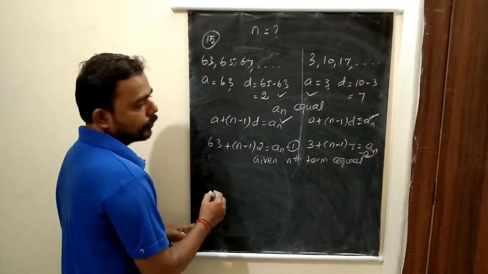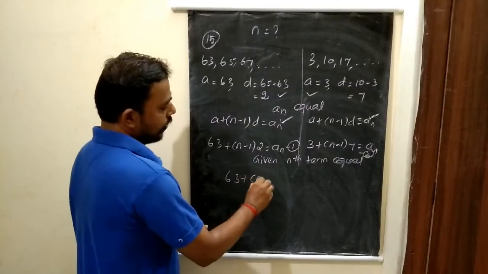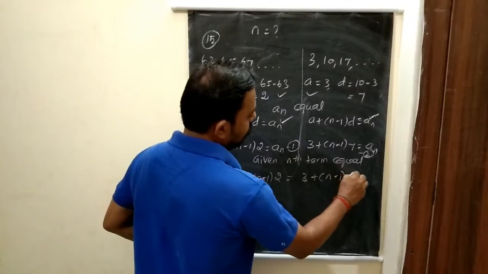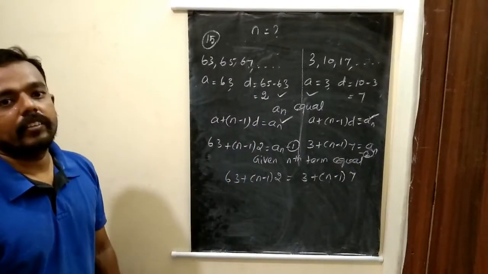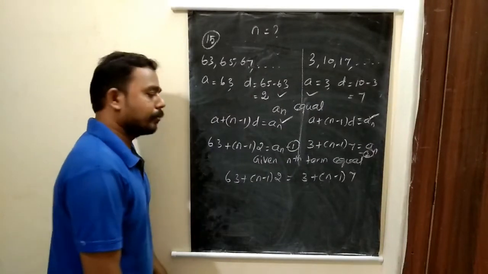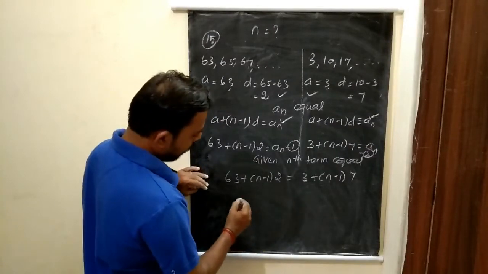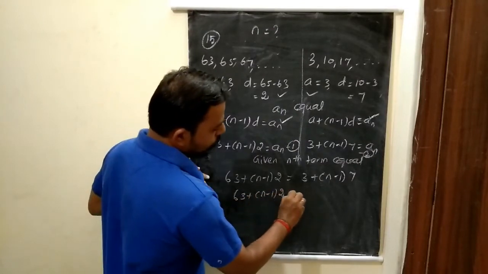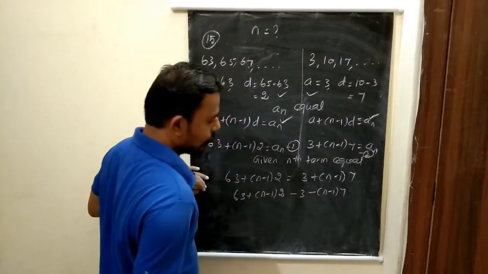From 1 and 2, right sides are equal, so left sides are equal. So 63 plus (n minus 1) into 2 equal to 3 plus (n minus 1) into 7. Actually, we need to find our n value. So now we need to write all those things on one side: 63 plus (n minus 1) into 2 minus 3 minus (n minus 1) into 7 equal to 0.